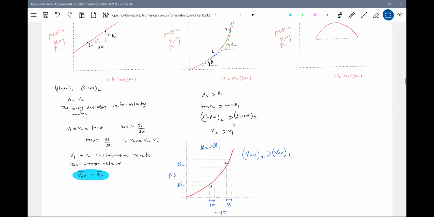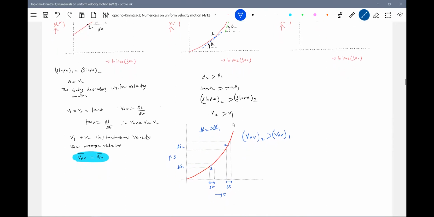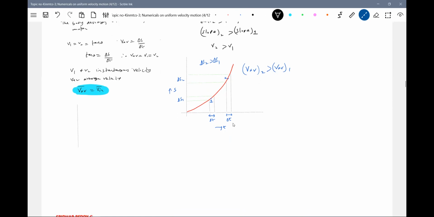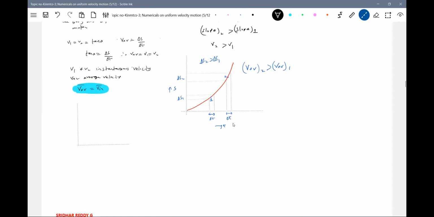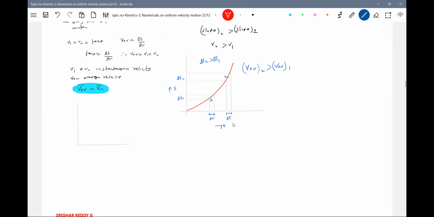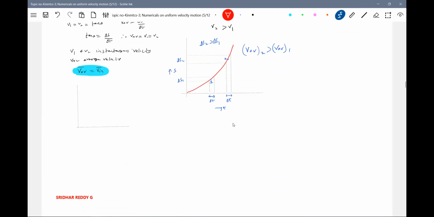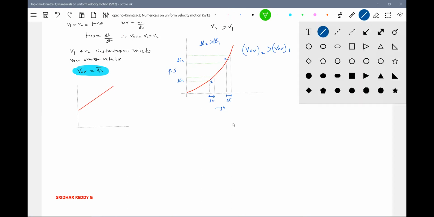There's the graph, I'm plotting it. I already discussed this, but once again for your convenience I'm repeating it. A straight line. Now here also you go for the same thing.